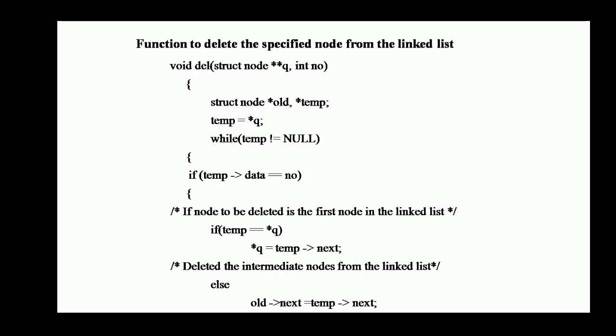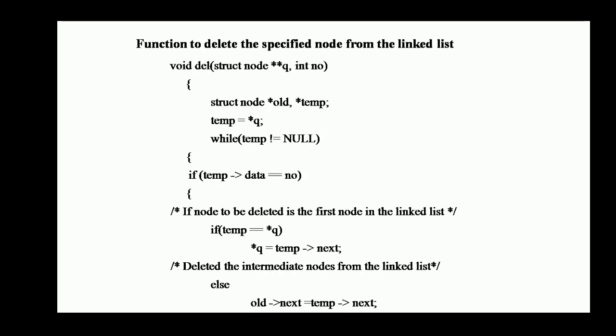If temp points to data double equal to number, curly braces start. The comment says, if the node to be deleted is the first node in the linked list.